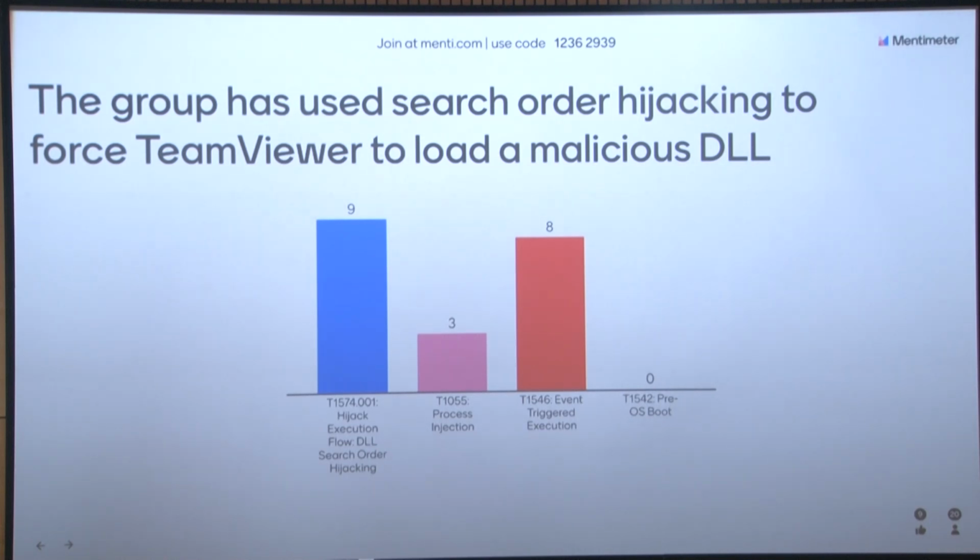In that case, they are hijacking the search order of the Windows machine. This is a specific case for TeamViewer, where they replace the supporting DLL with their malicious one. Is it clear? If you have any doubt, you can ask me in between.